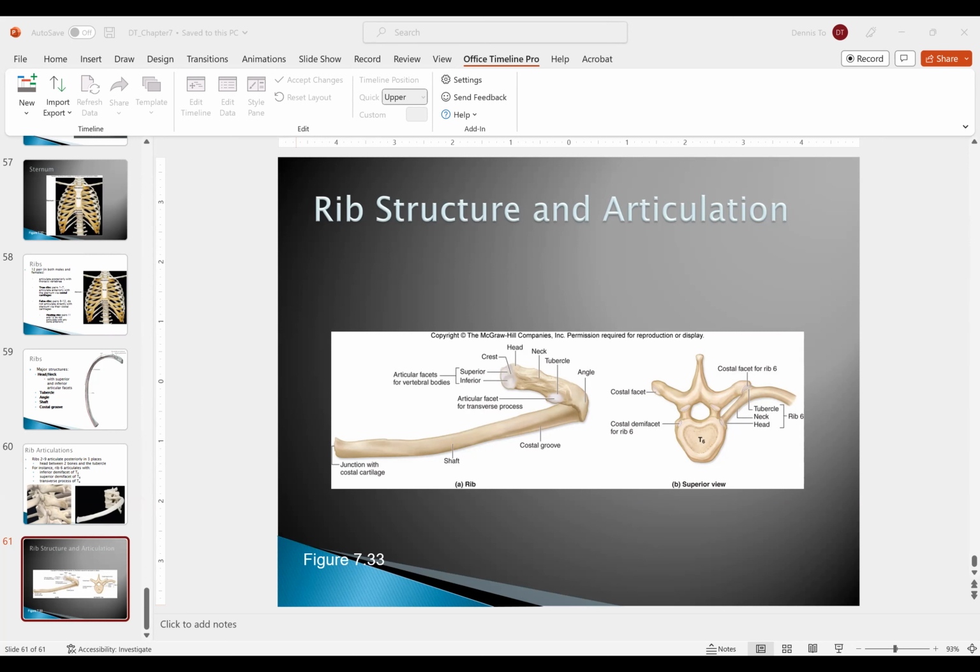When I look on the inside and we zoom in, inferior demifacet of T3, superior demifacet of T4, right there on the head. Do you guys see that? You don't see this connection?